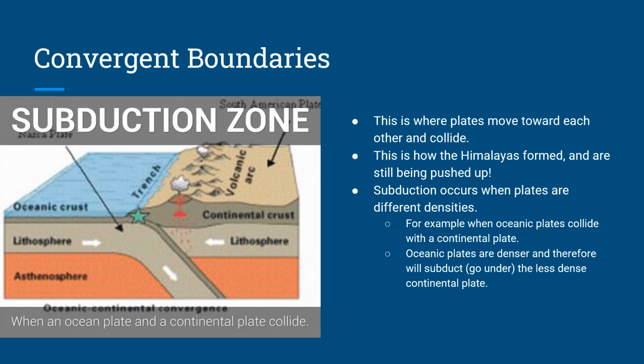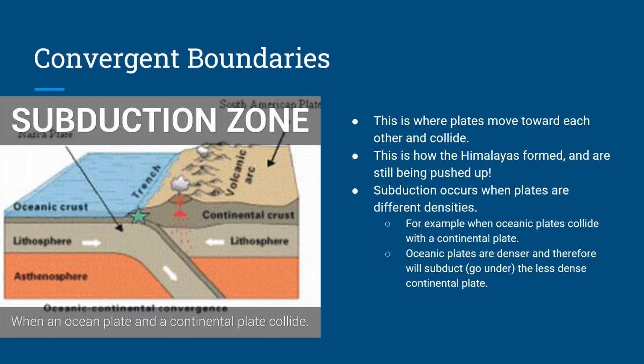All right, moving on to a different form of boundaries, we have our convergent boundaries. This is where plates move toward each other and collide. And this is how the Himalayas were formed and how they're still being pushed up. So subduction occurs when plates are different densities. For example, when the oceanic plate collides with a continental plate, the oceanic plate is denser and therefore will subduct.